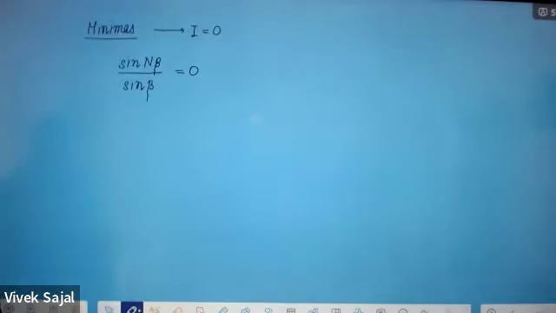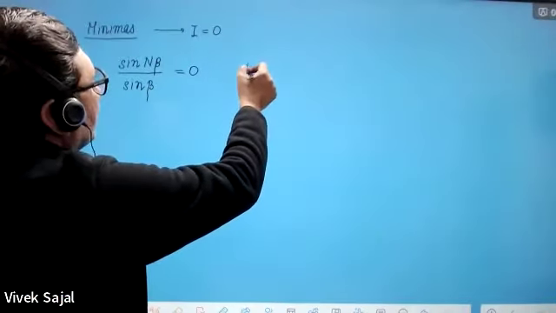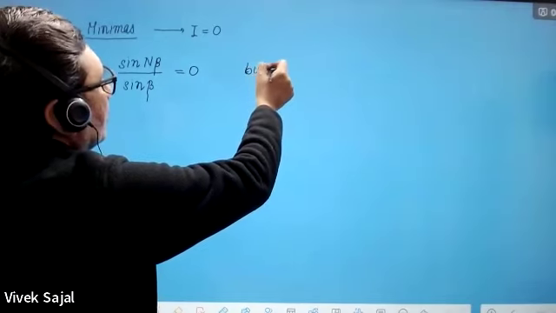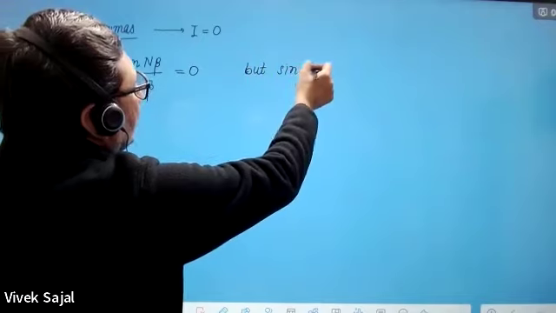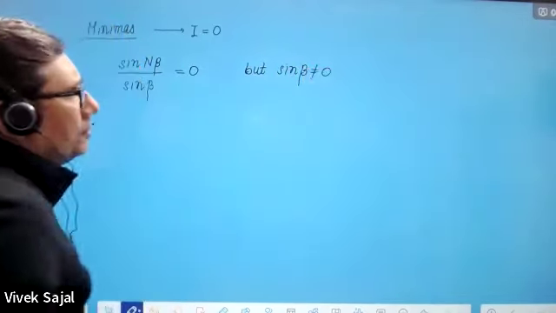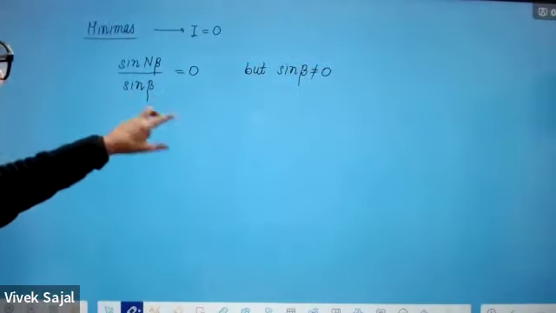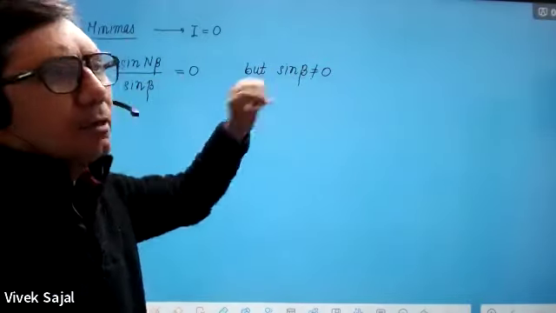But here, we have to take care that sine beta should not be 0. Why? Minima will be formed at those positions where this is equal to 0, but sine beta should not be 0.